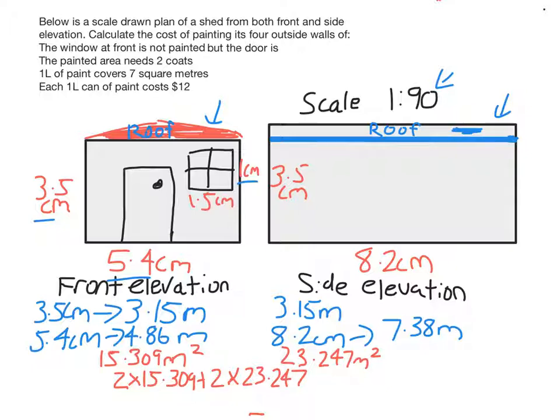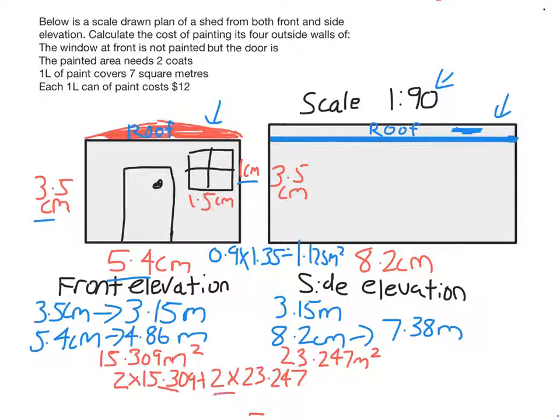So 1 times 90 is 90 centimeters or 0.9 meters. 1.5 times 90 is 135 centimeters or 1.35 meters. So the area of this window is just 0.9 times 1.35, which is 1.125 meters squared.